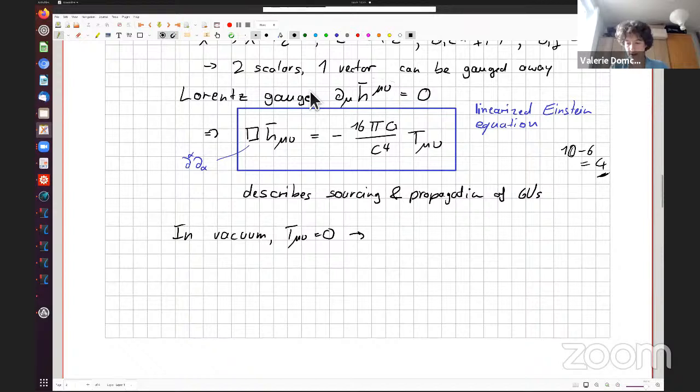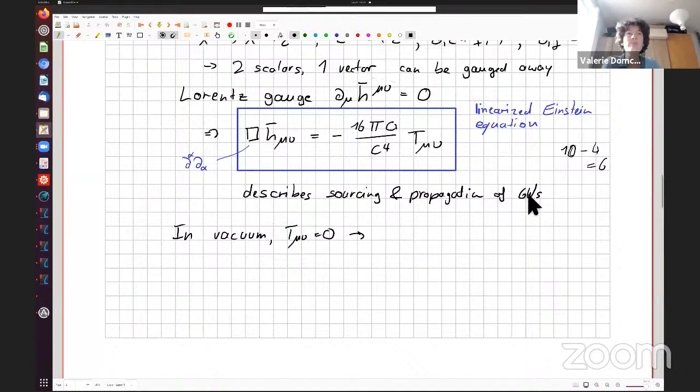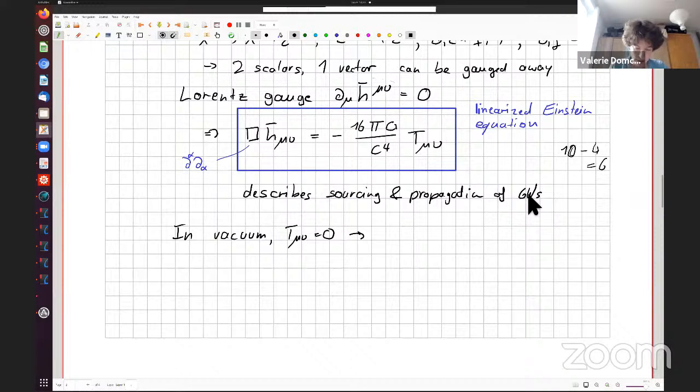I thought 10 minus 4 equals 6. Yeah, sorry, this is what I wanted to write. This is also why everybody was correct. Thanks for pointing this out. What are GWs? Gravitational waves. Multitasking is complicated for lecturing.